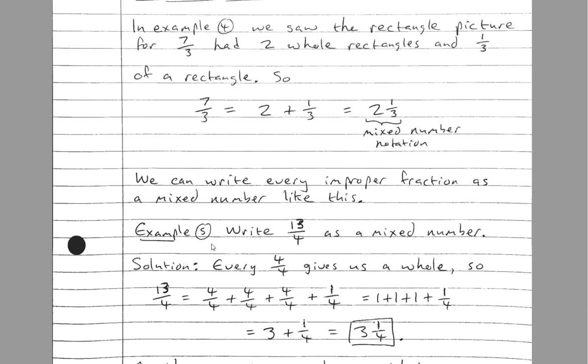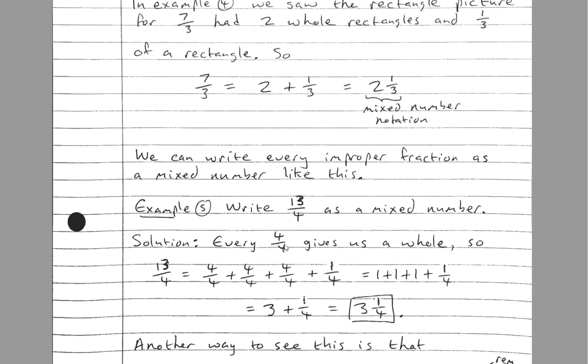Okay, so example 5. Let me give you this improper fraction, 13/4, 13 over 4. Can we write this as a mixed number? You could draw the rectangles, but let's try to do it without rectangles.